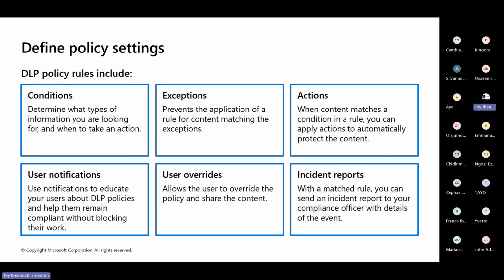And then the policy would have the condition, right? The condition is going to say, what am I looking for? So I would say I'm looking for documents that match this label. Don't forget that your policy is the continuation of the classification and labeling that you have done in previous class, right?